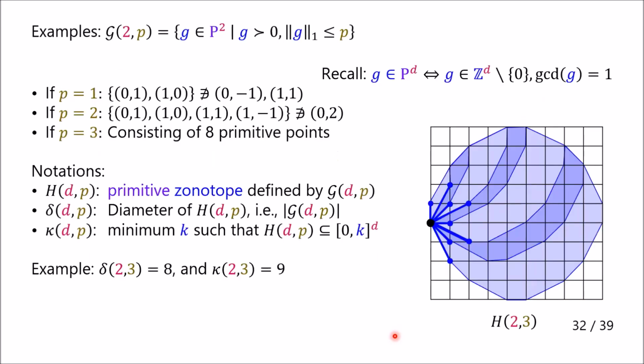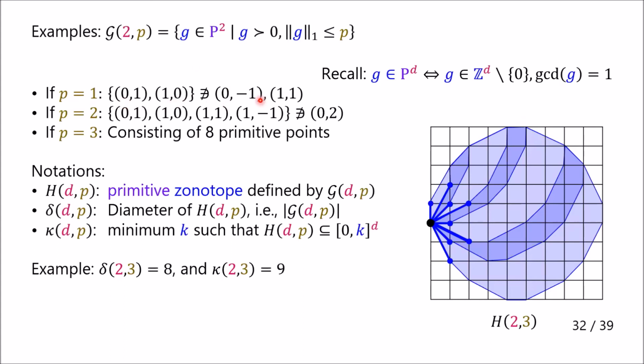Now I'd like to show you some examples of the set G in dimension 2. Let p be 1, and in this case, this set consists of two primitive points, (0, 1) and (1, 0).